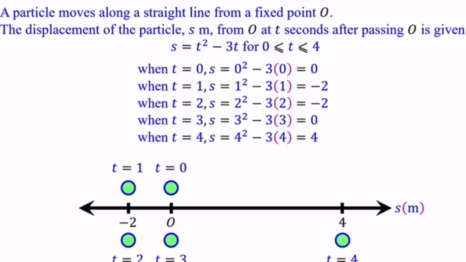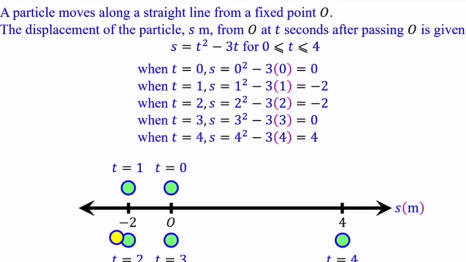So that is the movement of the particle from t equals 0 to t equals 4. Between 0 and 4 seconds, inclusive of 0 and 4, the particle moves in such a way.